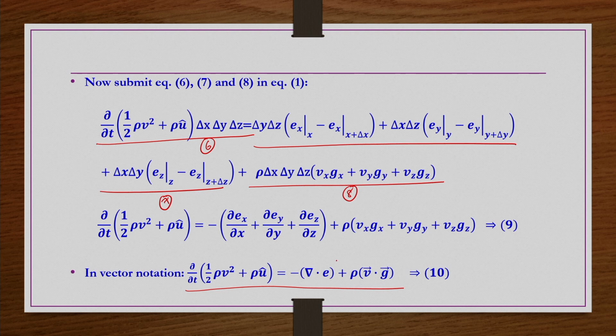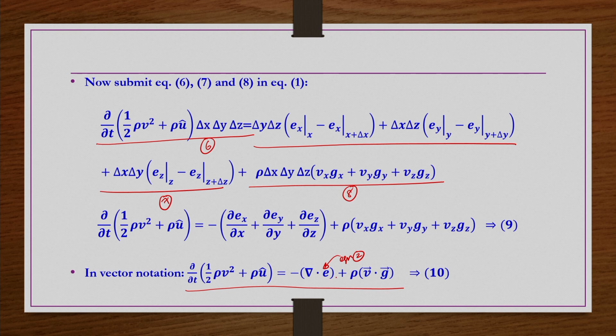Now in this equation, this E we are going to substitute from equation number 2, because this E includes 3 terms: the rate of addition of internal energy and kinetic energy because of convection, the net rate of heat addition by conduction, and the rate of work done on the system by molecular stresses.